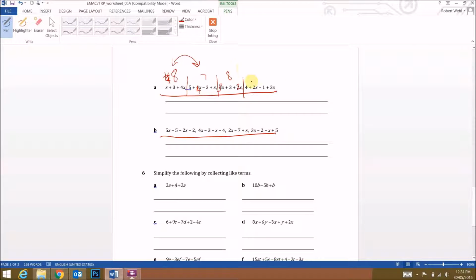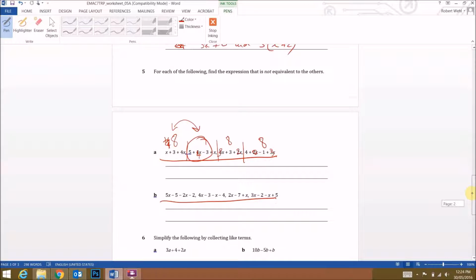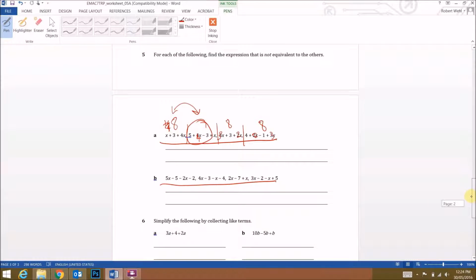Okay, so this one's 8, so now we need to check this one. So 2 times 1 equals 2, and 3 times 1 equals 3. So 4 plus 2 is 6, take away 1 is 5, plus 3 equals 8. So our odd one out is going to be this, and our question asks us, for each of the following expressions, find the one that is not equivalent.